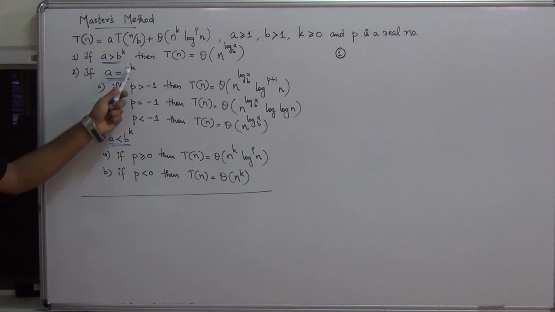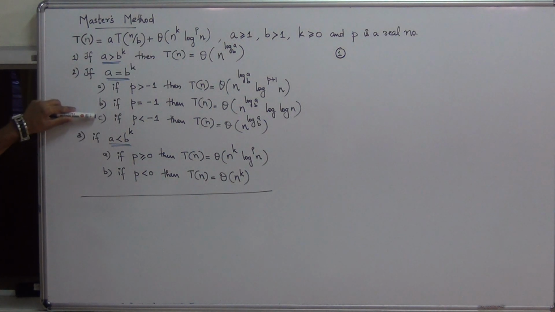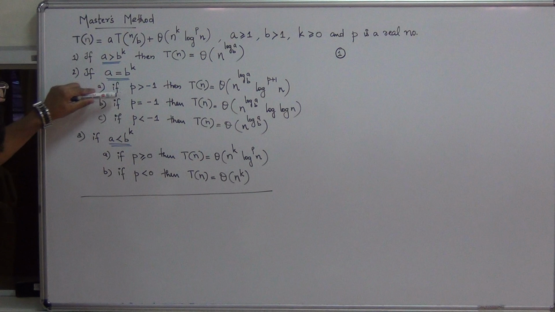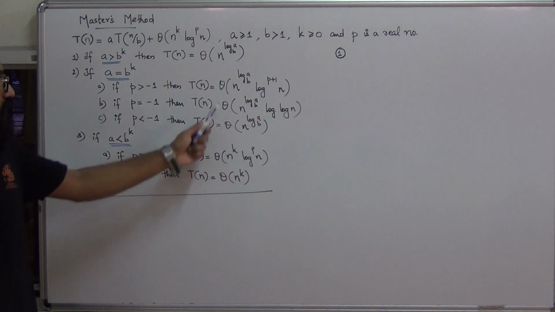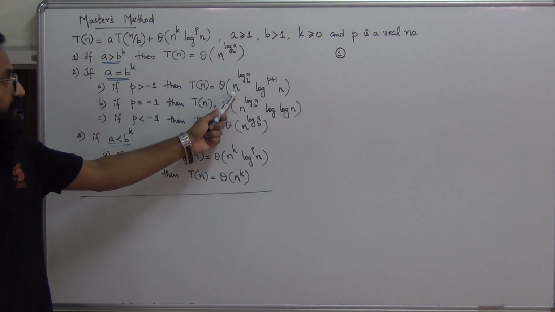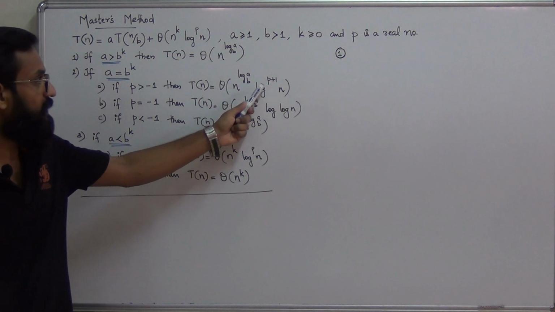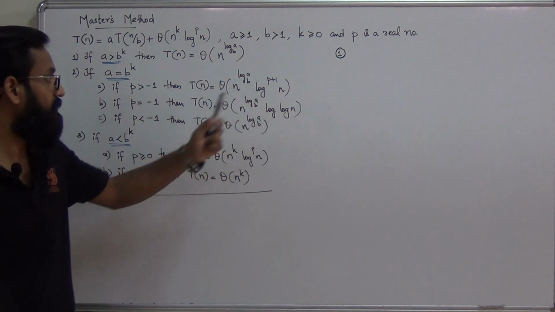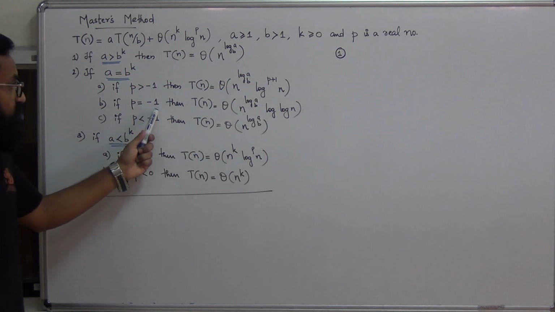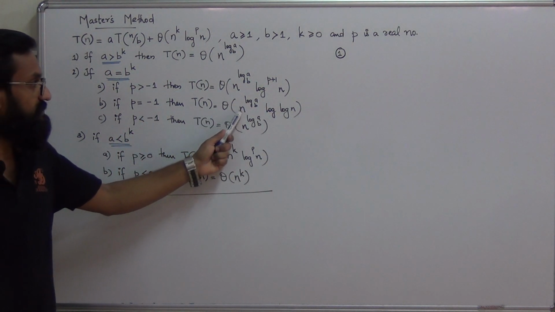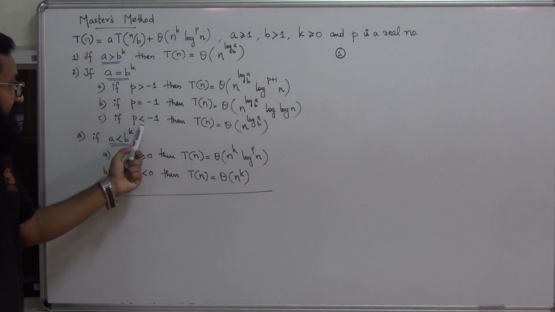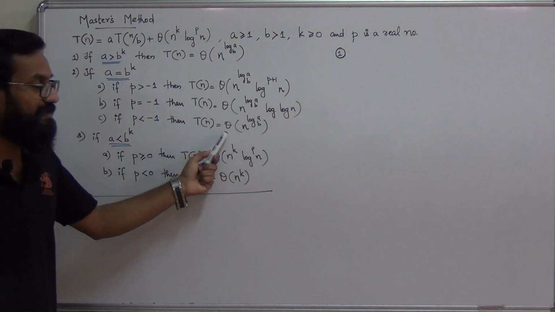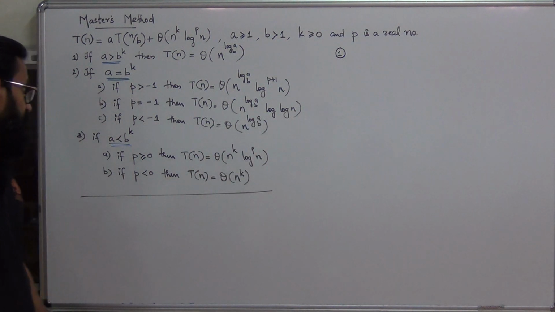If a is equal to b^k, you have three subcases depending upon the value of p. If p is greater than -1, then the runtime is Theta(n^(log a to the base b) log^(p+1) n). If p is equal to -1, then T(n) is equal to Theta(n^(log a to the base b) log log n). And if p is less than -1, then T(n) is equal to Theta(n^(log a to the base b)).